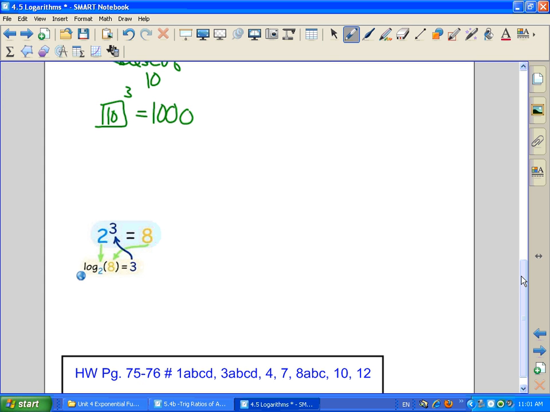Okay, so ladies and gentlemen, just a final recap here. I just thought I'd show you a little graphic of 2 to the power exponent 3 equaling 8 and how you change it to logarithms. And I want to show you a quick video on, hopefully this works. Let's see if it'll link up.